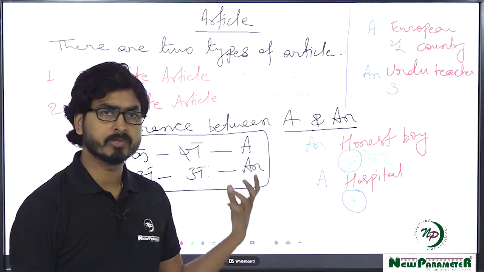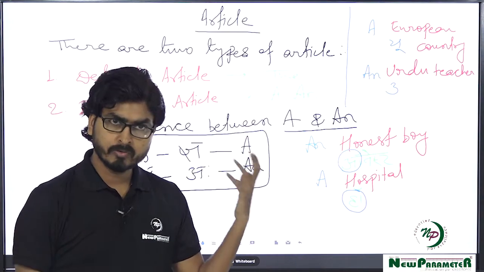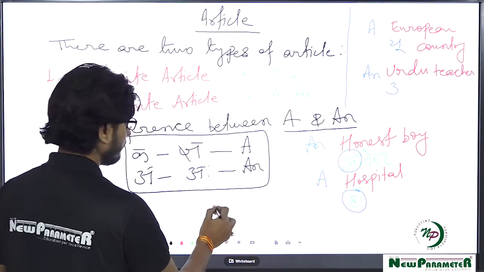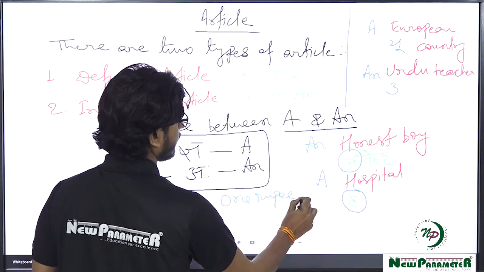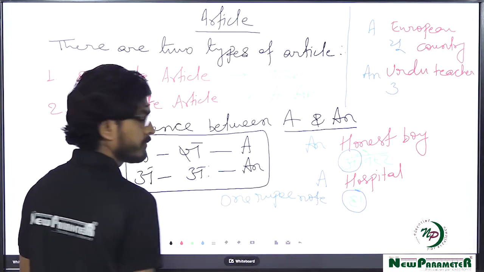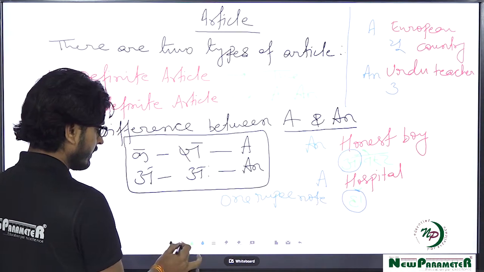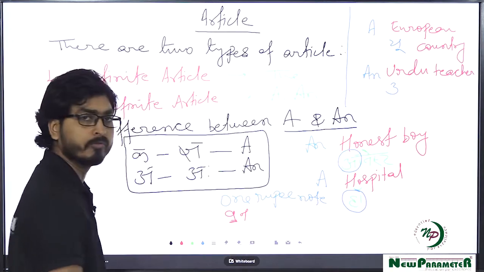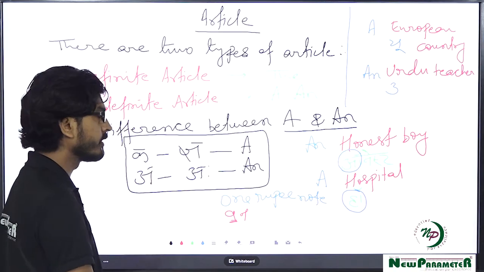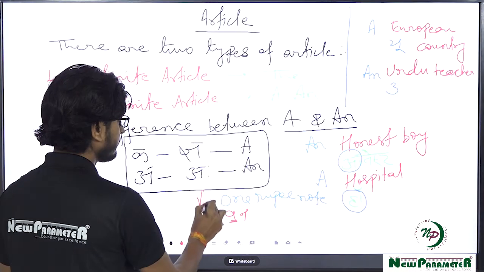And I hope you have just got it. So I'm just giving you one more example. One rupee note. I have to write simply the one. The first letter is what? Wo. It is between ko and gyo. So we go for a.